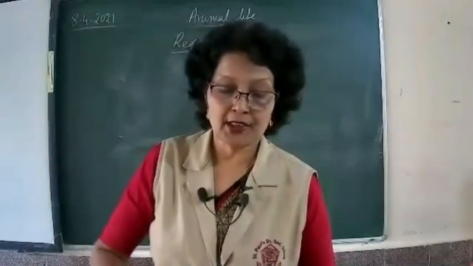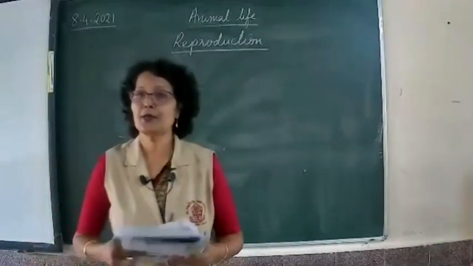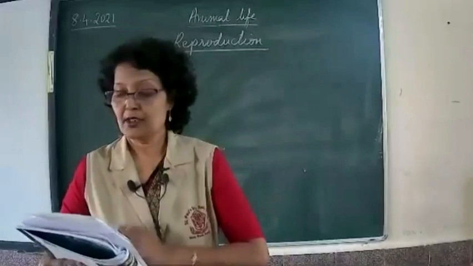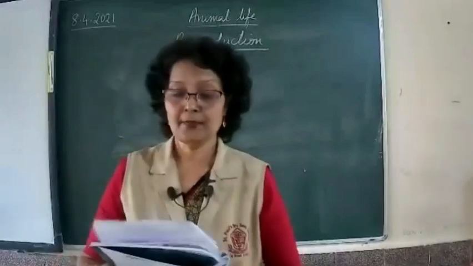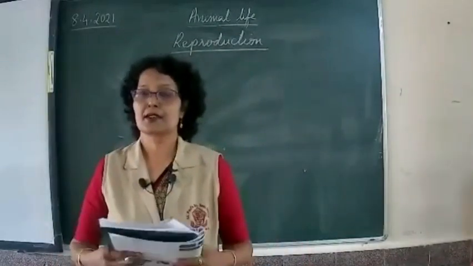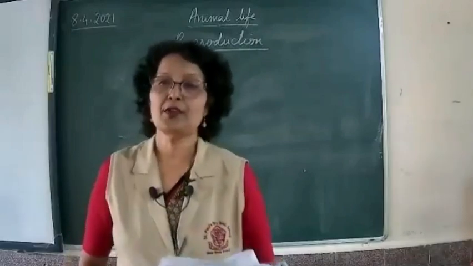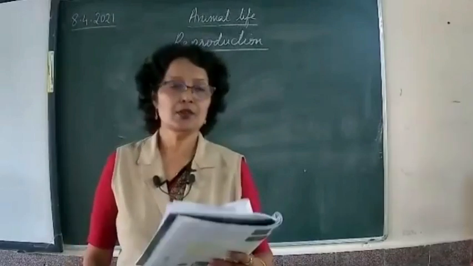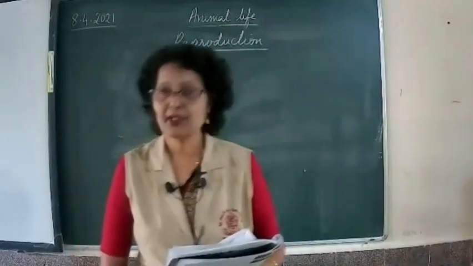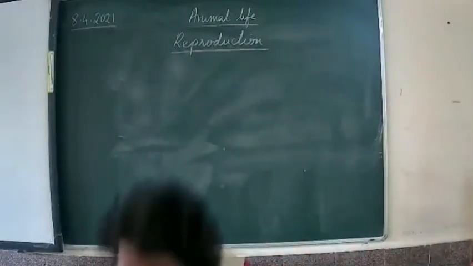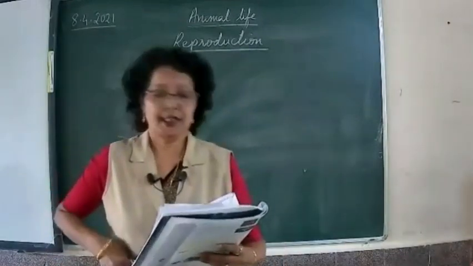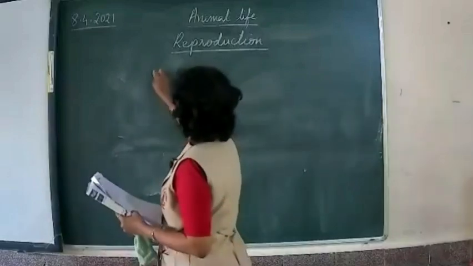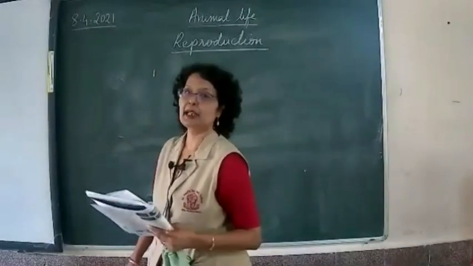Now, what is reproduction? The process of producing young ones of their own kind is called reproduction. It is important for life to continue, so it is important for living beings to reproduce their own kind. Now, there are two kinds of reproduction in living animals.